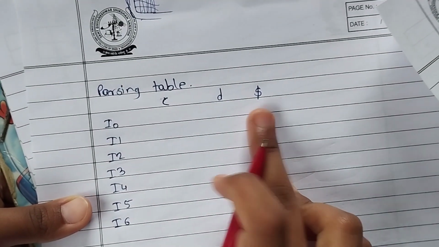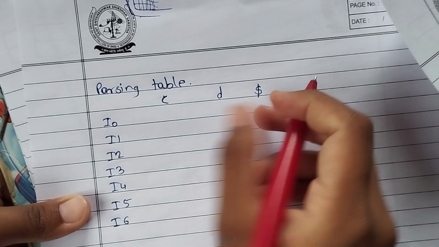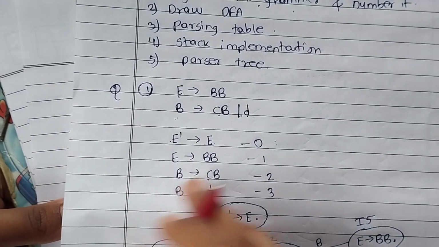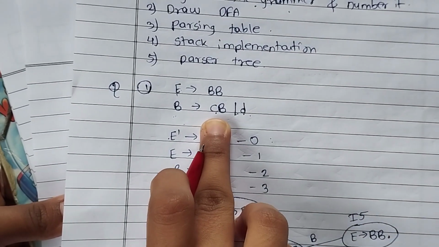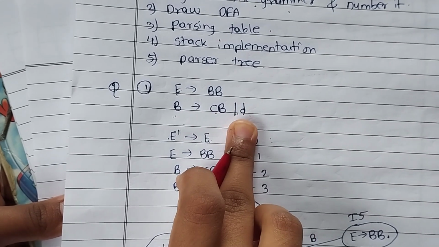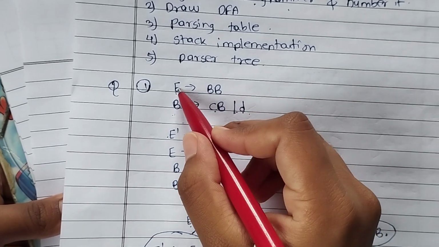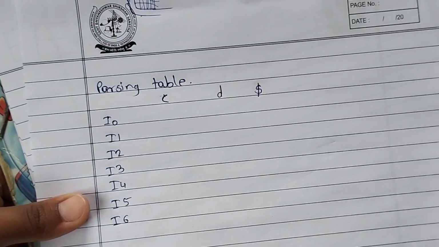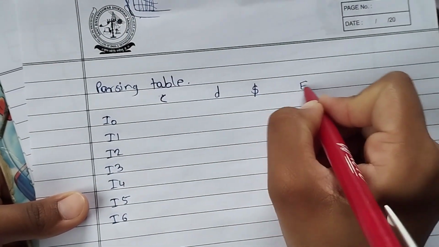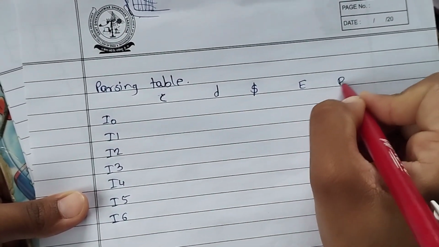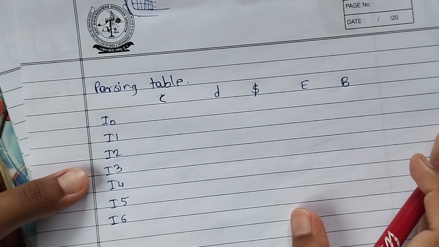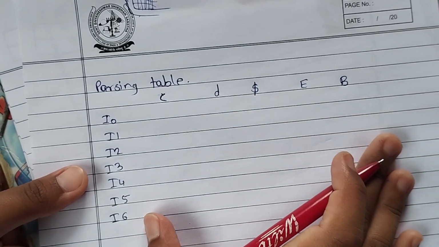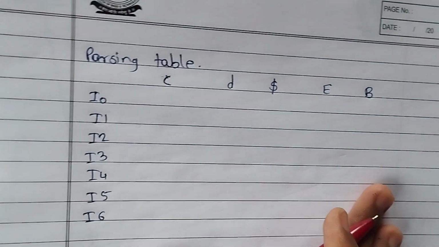So we write dollar extra. Now only two terminals are present in our grammar, the opening bracket and D, and now the non-terminals are E and B. So this is the format of the table. Now one by one we see.